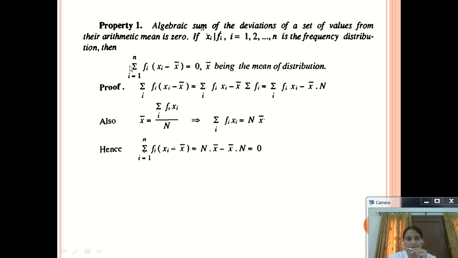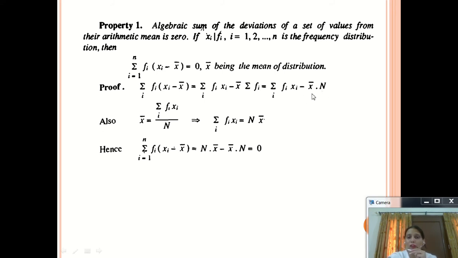Summation of fi into xi minus x bar will always be equal to 0. So we will prove this. Take the left hand side: summation fi xi minus summation fi x bar. X bar can be taken outside the summation because it does not depend on the summation, so we can write summation fi. We know summation fi is equal to capital N. So summation fi xi minus x bar into n. Clear?